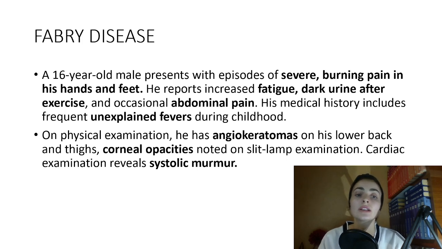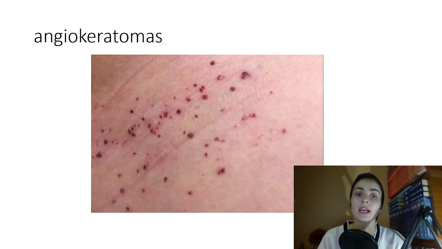Cardiac examination reveals a systolic murmur. Any kind of murmur indicates a heart valve abnormality. There are different types of murmurs which indicate different heart valve abnormalities, but we cannot dive into the details right now. But I want to show you angiokeratomas and corneal opacities.